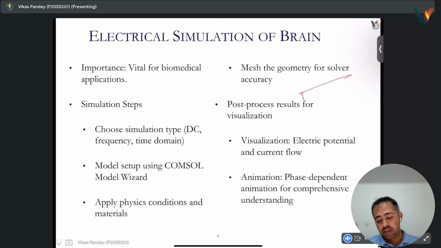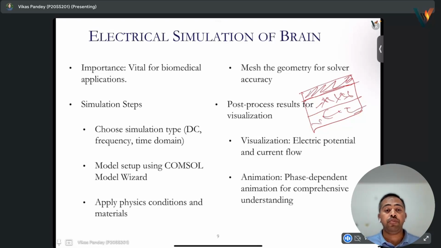So if we create a structure, say like this, and we say that this is epithelial tissue, some other tissues, and like that, we first define the mathematical model for it. All three we have done.